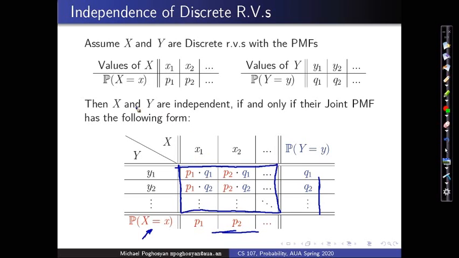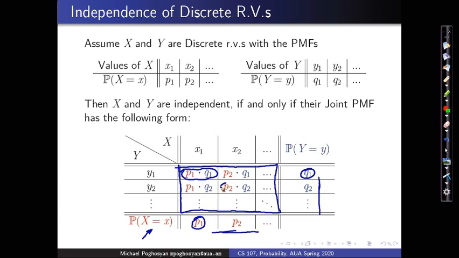Now x and y are independent if and only if each cell probability, say this probability, is obtained as a product of the corresponding probability for the marginal of y and the marginal of x. So this column and that row marginal probabilities' product is at that cell.